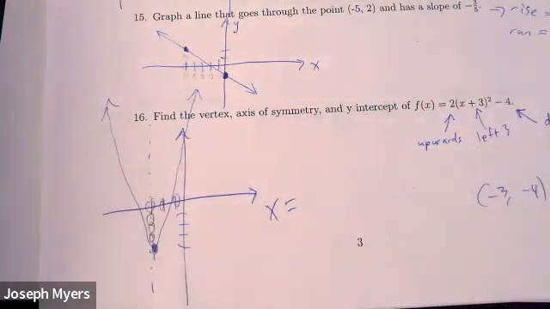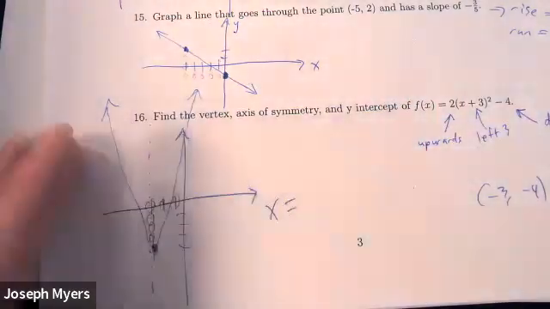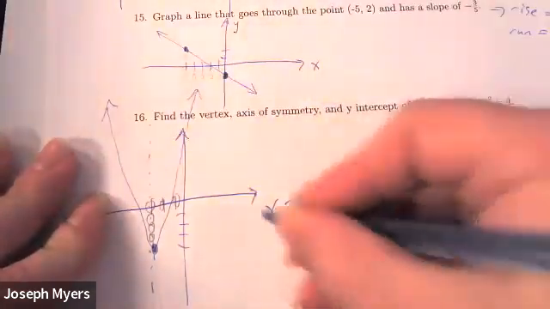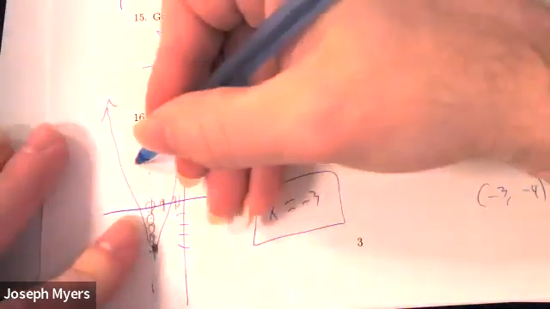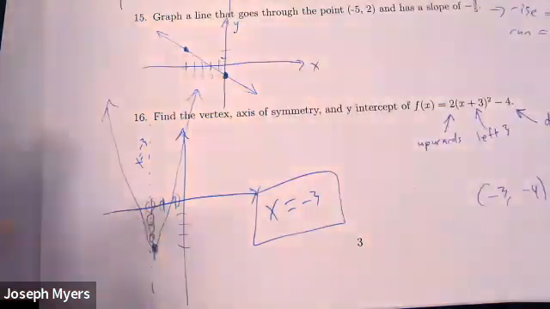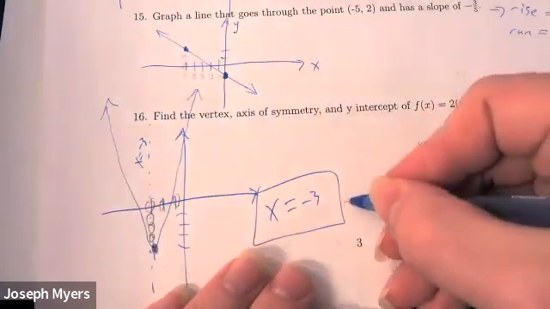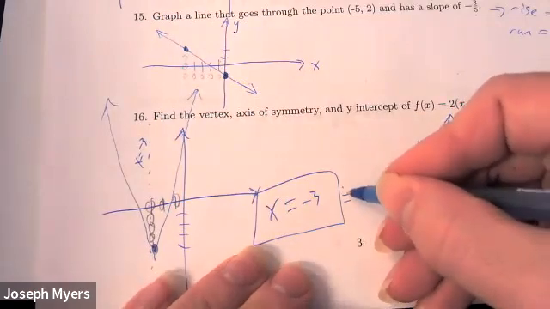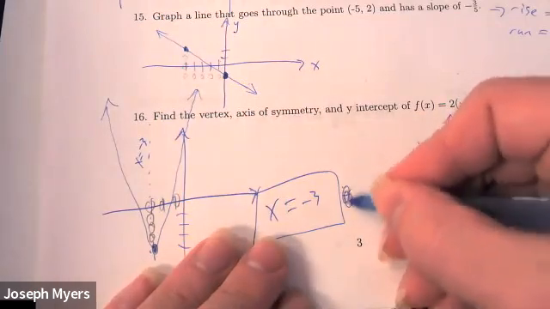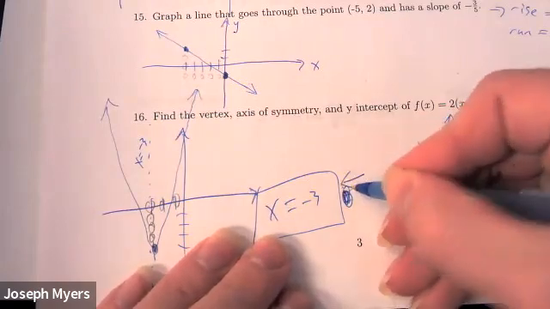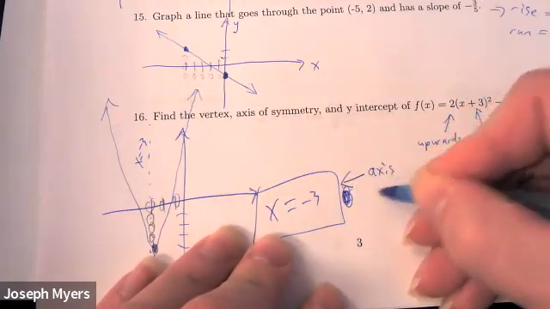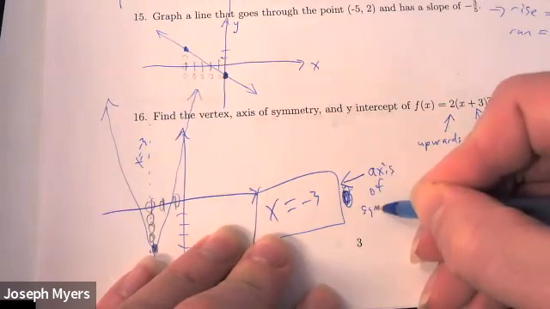And the x value is at -3, so that dotted vertical line is x equals -3. It's where that dotted axis of symmetry is.